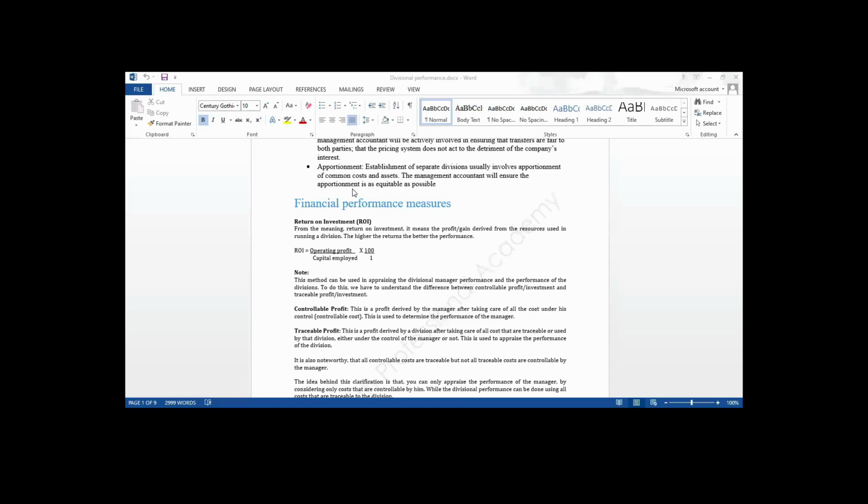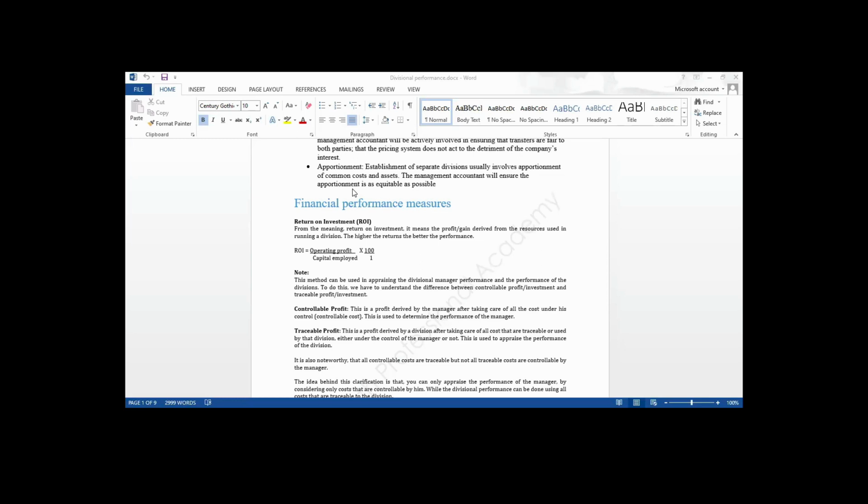Controllable cost is cost within the control of the manager. If you are going to assess my performance as a manager, it is my performance on those variables within my control.